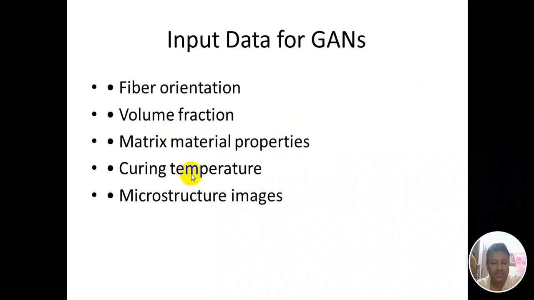Curing temperature is the temperature needed to make the composite material. Microstructure images can be obtained from SEM or CT scans.